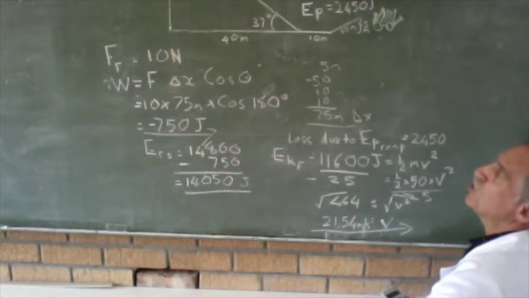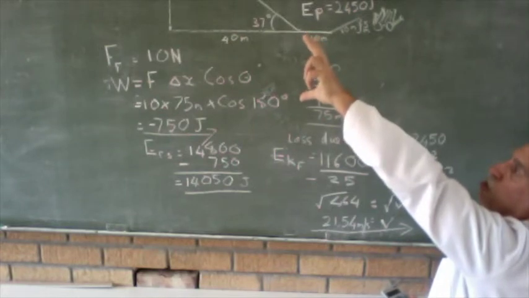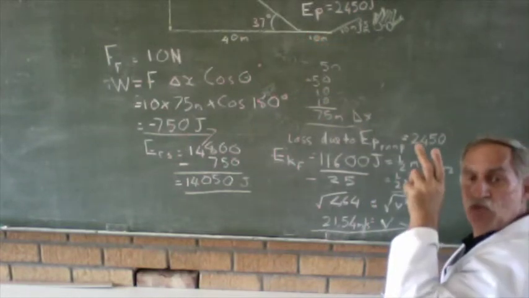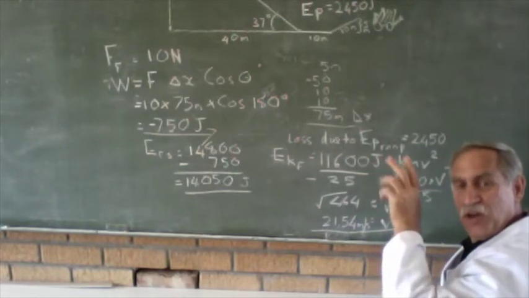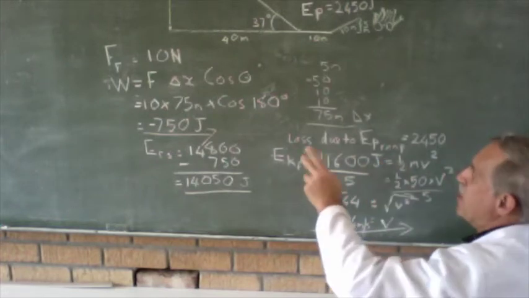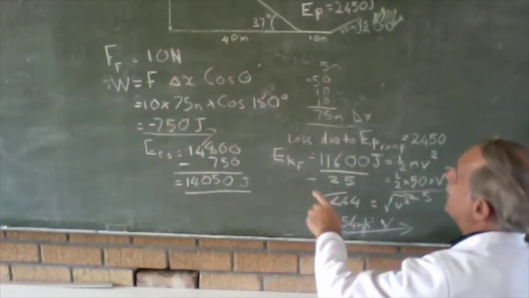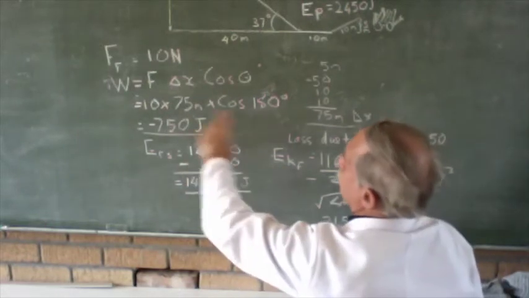So in summary, what did we do? In our previous problem, we'd worked out the total energy. In this problem, we subtracted the loss of energy due to the non-conservative force of friction, and that loss of energy came to, where's our formula here?